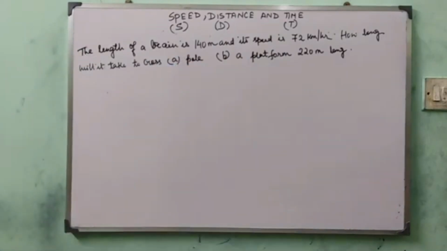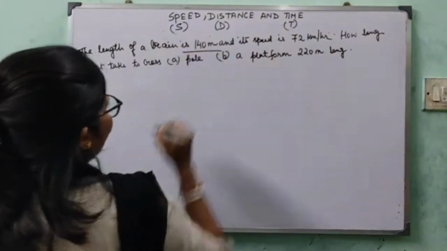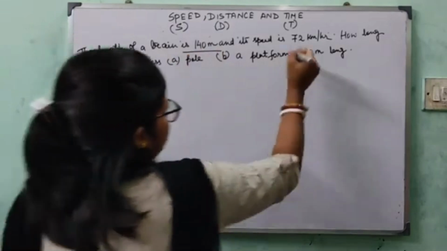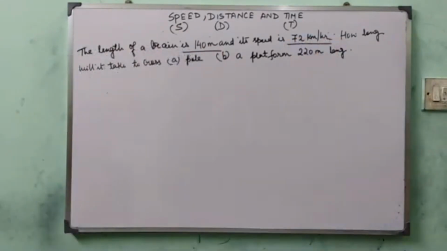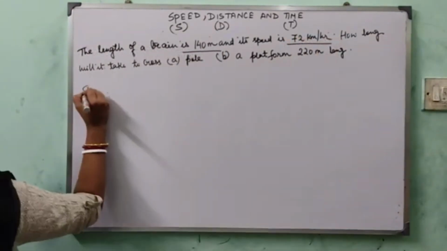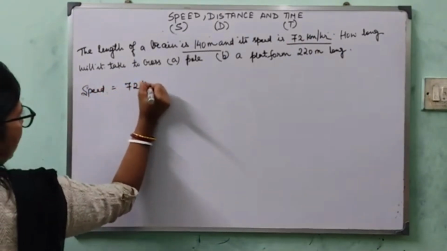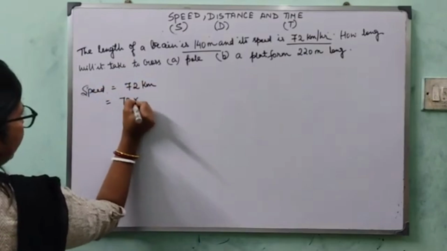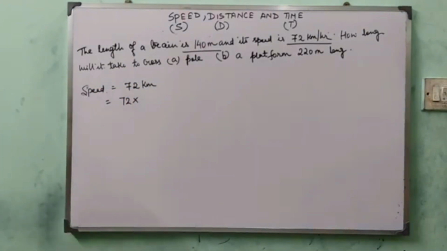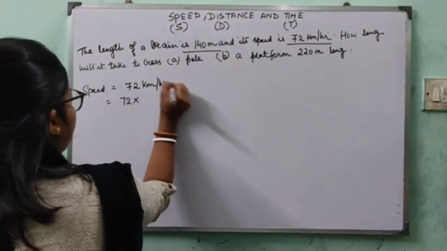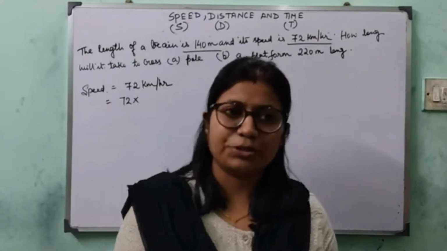So here the very first thing I can see is the length of the train is in meters and speed is in kilometers. So the speed that is given to me in kilometer per hour, I will change that in meter per second, and you know how to change kilometer per hour into meter per second.